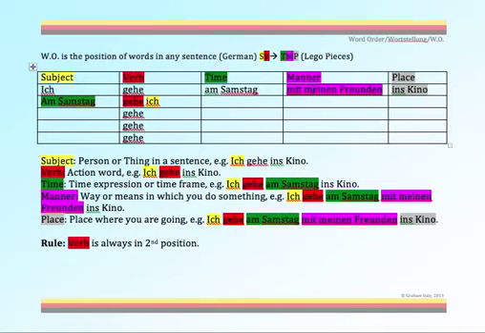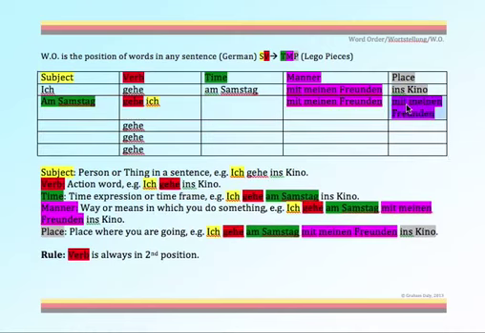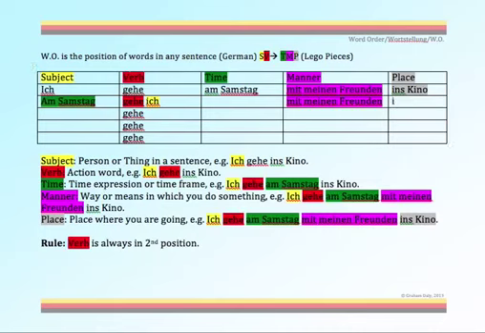Mit meinen Freunden stays the same. And ins Kino stays the same. So ins Kino. I'm going to put that grey as well, just so you can see it clearly.